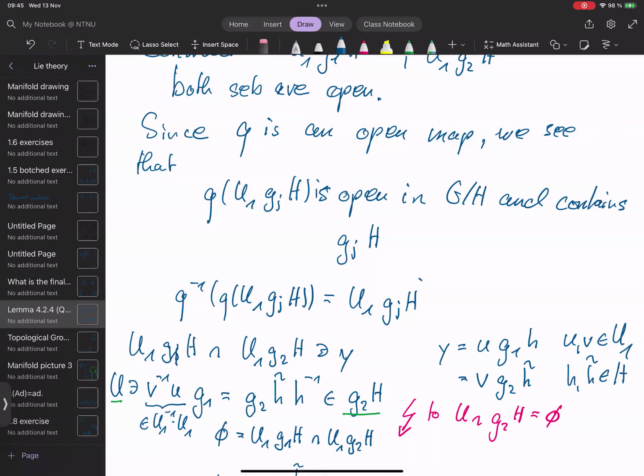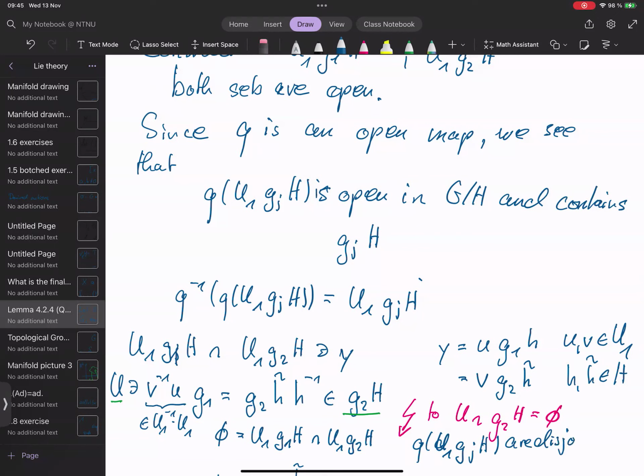This implies that the sets Q of U1 Gj H, which are open neighborhoods of the cosets we were looking at, are disjoint.